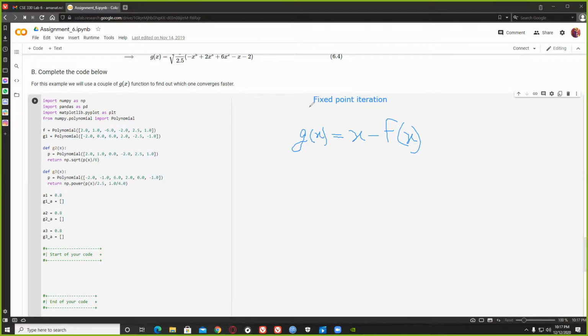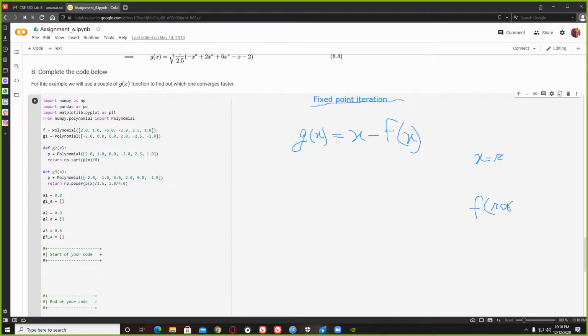So now we'll begin the fixed point iteration, and for this we first assume there's a function g of x where it is equal to x minus f of x. Now we know that if x equals the root, then f of x equals 0.